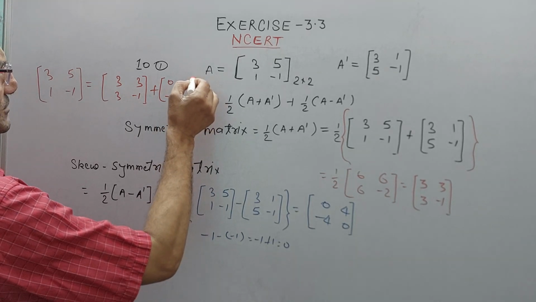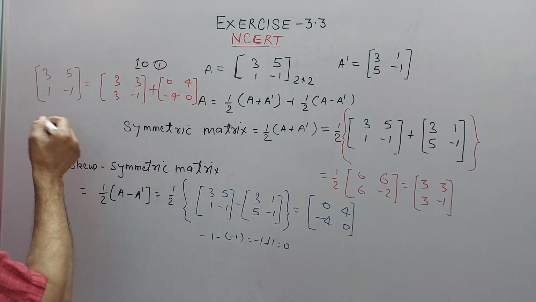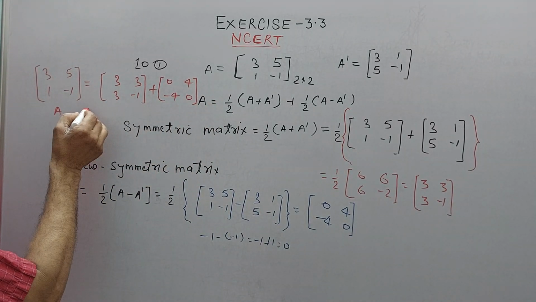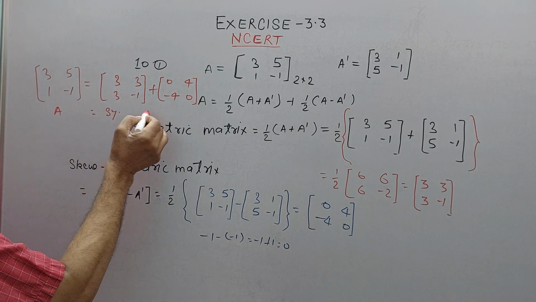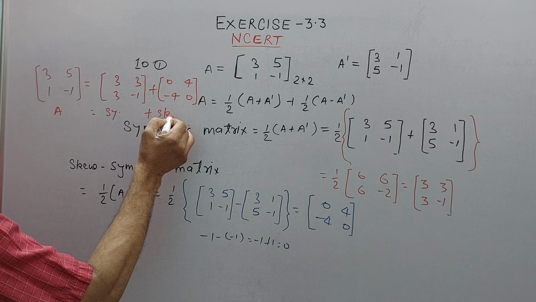So we have converted the matrix: this is symmetric and this is skew symmetric.